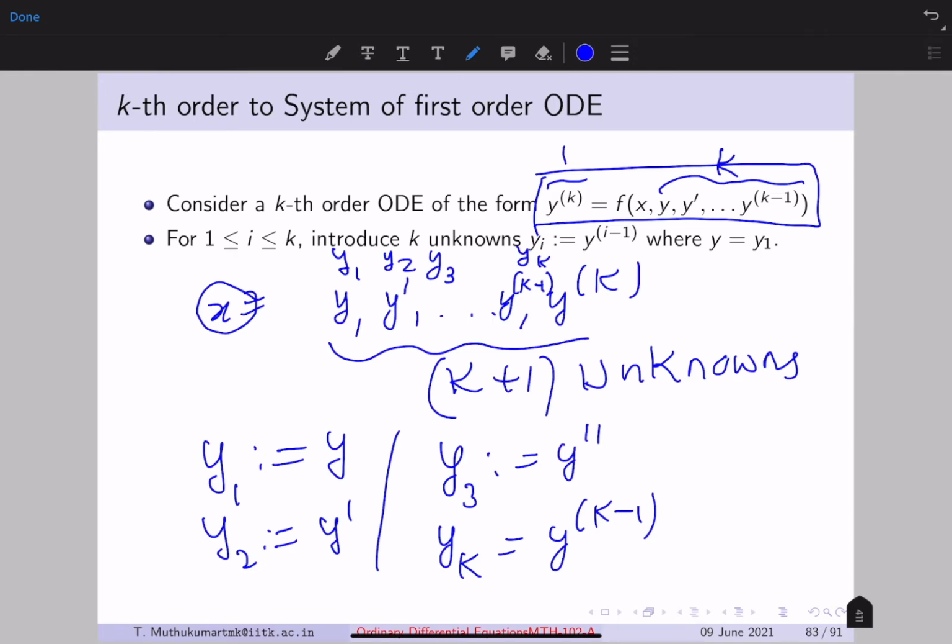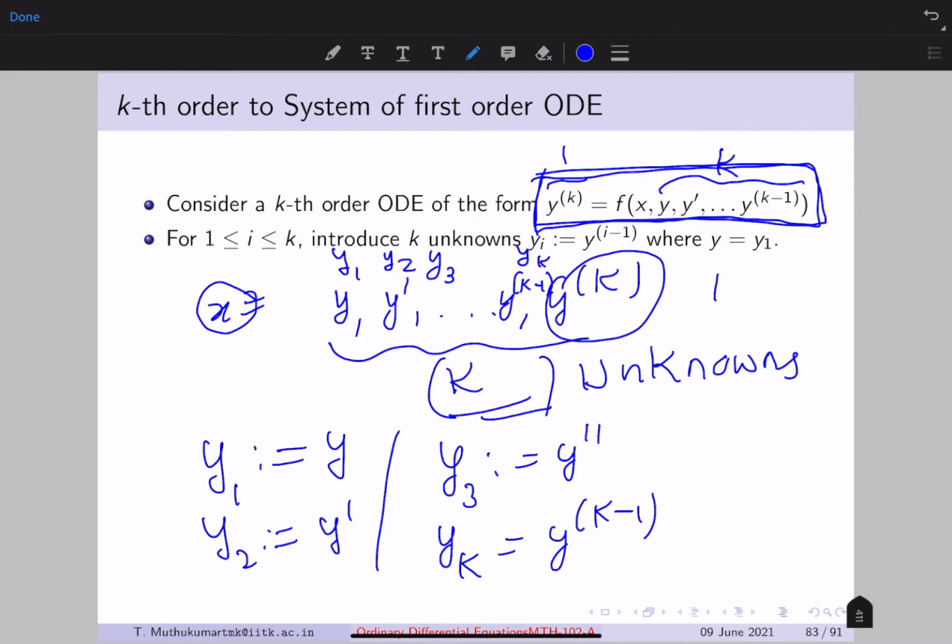Once we have done this, as I said here, in fact I should not say k plus 1 unknowns, because the kth derivative is already given to you from this ODE. So what you actually have is k unknowns, though you have k plus 1 quantities, y, y prime, and so on.